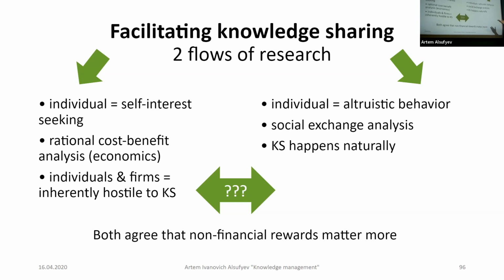And secondly, this is also social exchange theory. Why? Because we exchange not with economic rewards, expectations of economic rewards, but expecting some social rewards, belonging, approval, and so on.